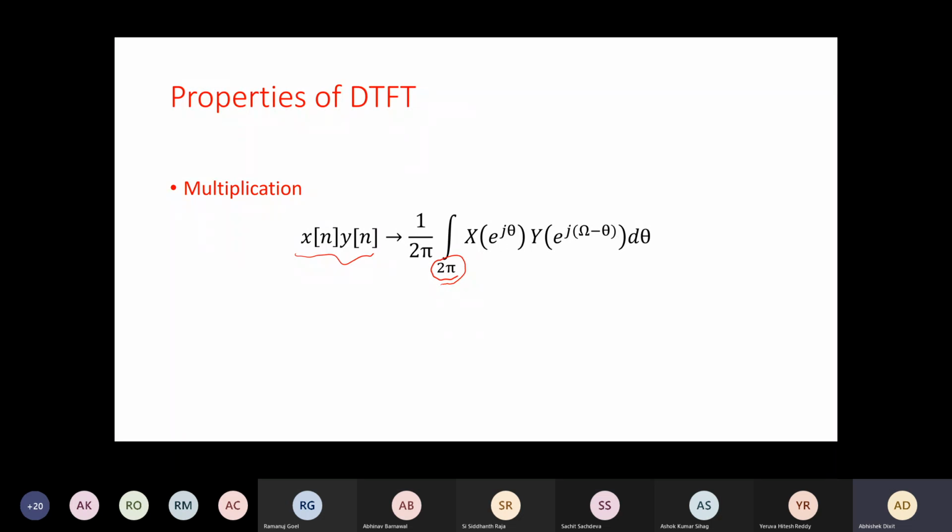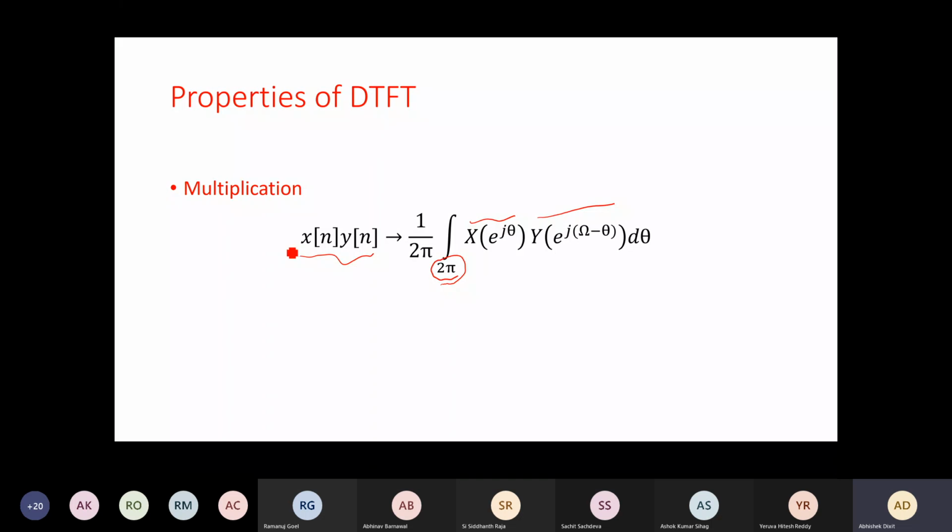That is important because these two signals involved are periodic signals. X(e^jω) is a periodic signal, Y(e^jω) is a periodic signal. So when we convolve two periodic signals, it is important to do periodic convolution, because aperiodic convolution will not give the desired results.